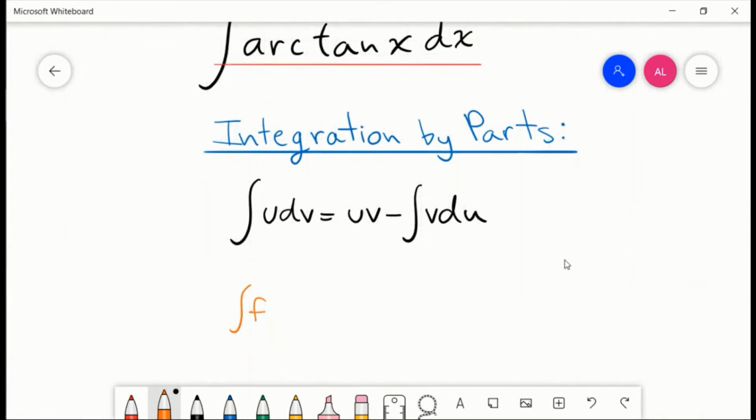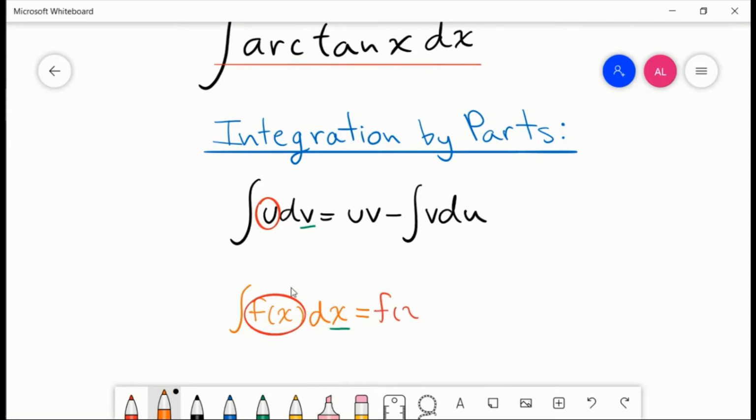So right now, let's just investigate the integral of any function f of x. Now our u would be the f of x, and then our v would be the x right here. So our v, dv, and then dx.